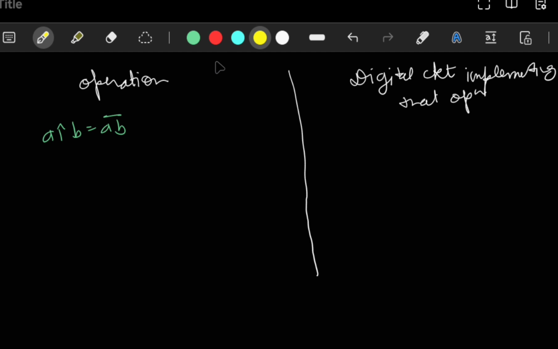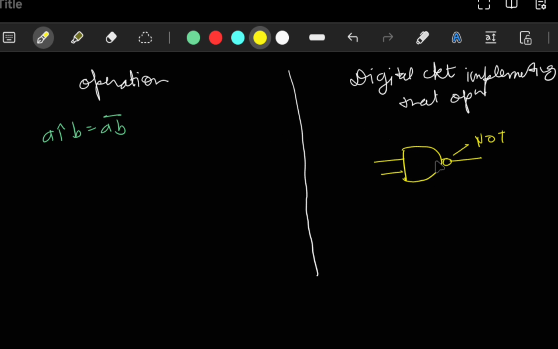So complement of AND. First you'll make AND, and then like this, and then this bubble over here. This bubble means not. So AND not, which is NAND. So for a NAND operation, this is the digital circuit.